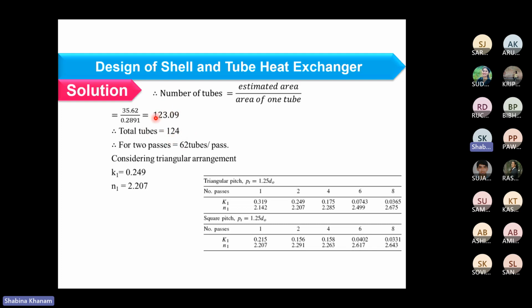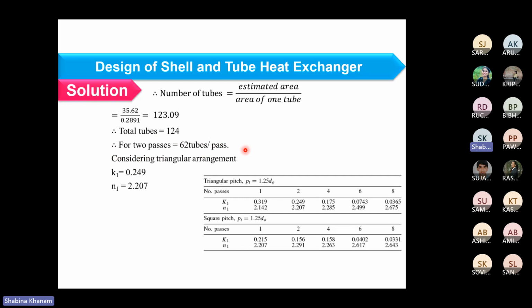Let's say if it is coming as 124.09, or let's say 124.3, in that case the value of total tubes you need to choose is 126. Because 124.3 is there, your next value is 125, which is not an even value, so we need to consider the next even value, that is 126. I hope you are getting my point. This will change further also, that we will discuss. So for two passes, 62 tubes per pass should be there.